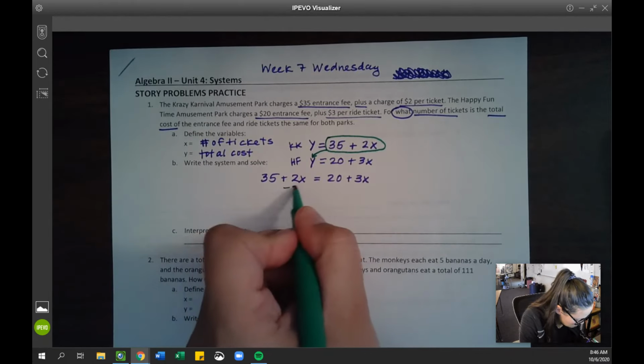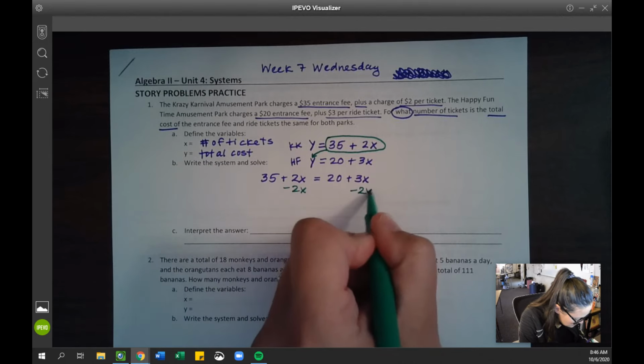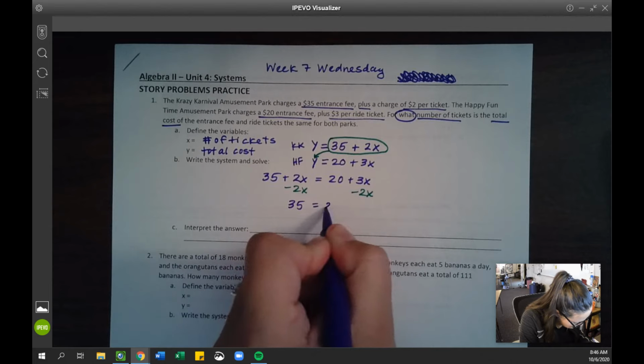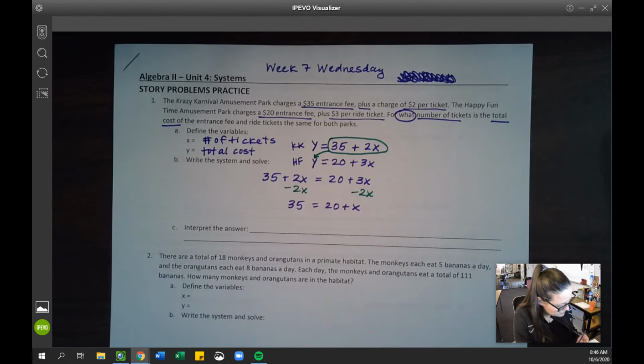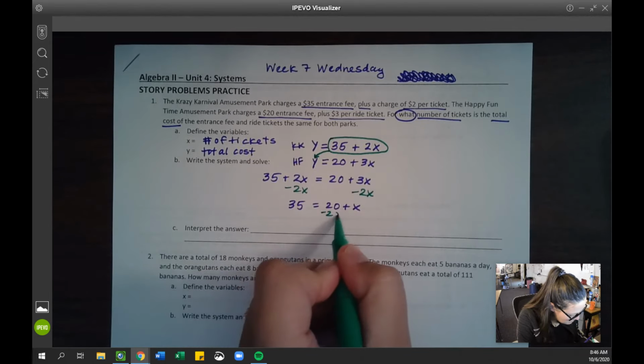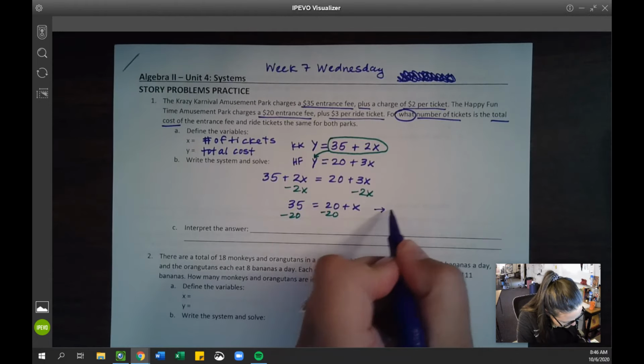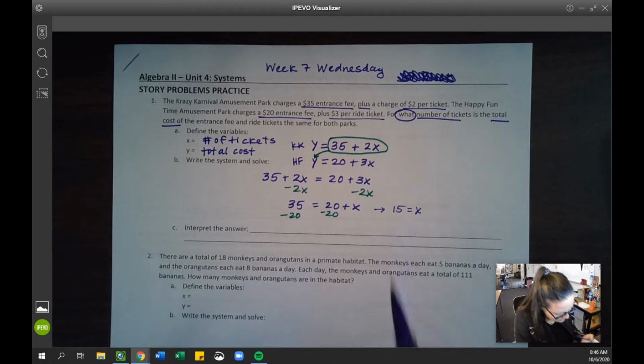Now I'm going to subtract 2x from both sides, which gives me 35 equals 20 plus x. I'm going to subtract 20, which means that x equals 15.